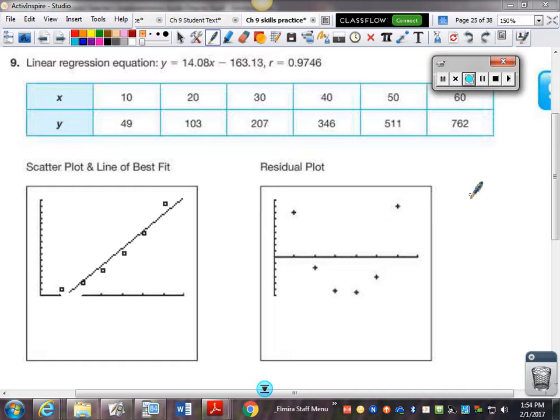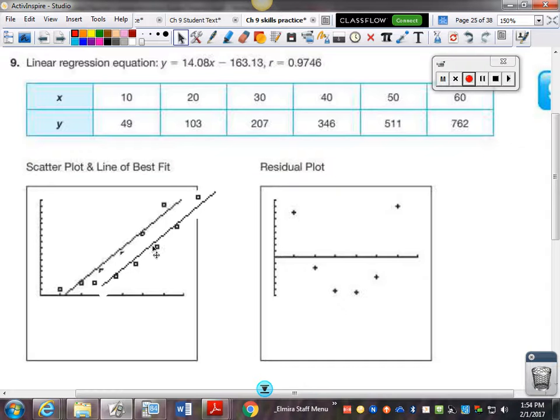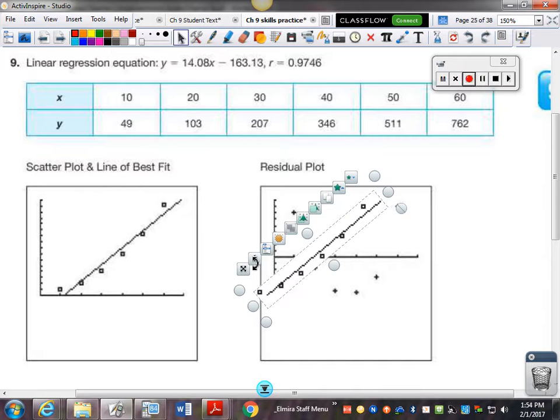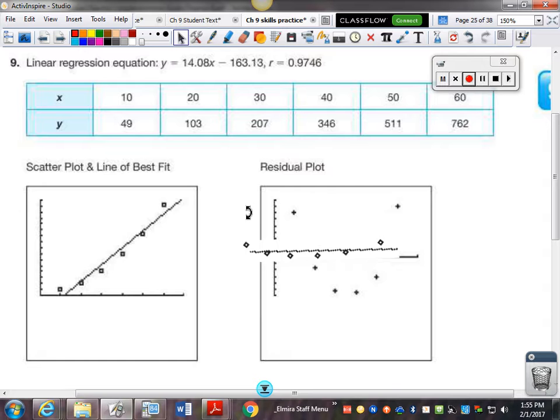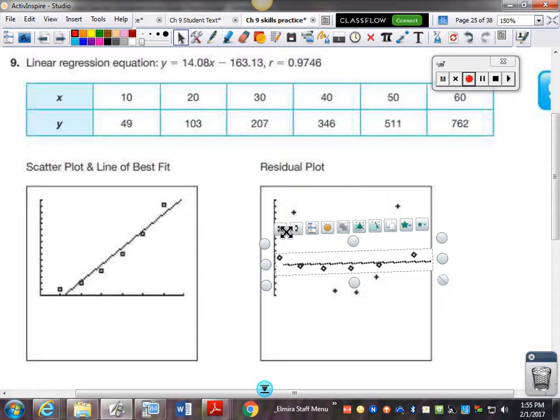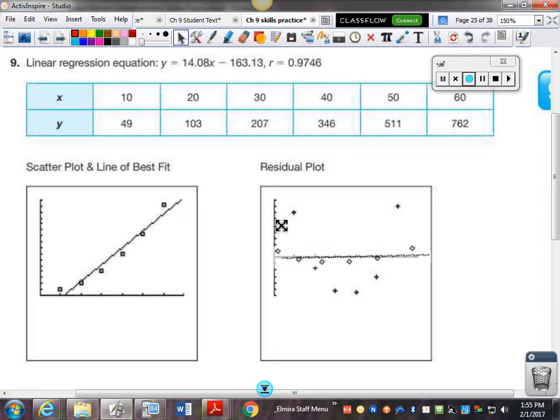Okay. This is number 9 on the homework, and this kind of helps explain residual plots in a more visual way, hopefully. If you take your linear regression equation and your data, if I lifted that off of here and brought it over here, and I made my linear regression equation into the x-axis, let's see how well I lined it up. Oh, not very well.